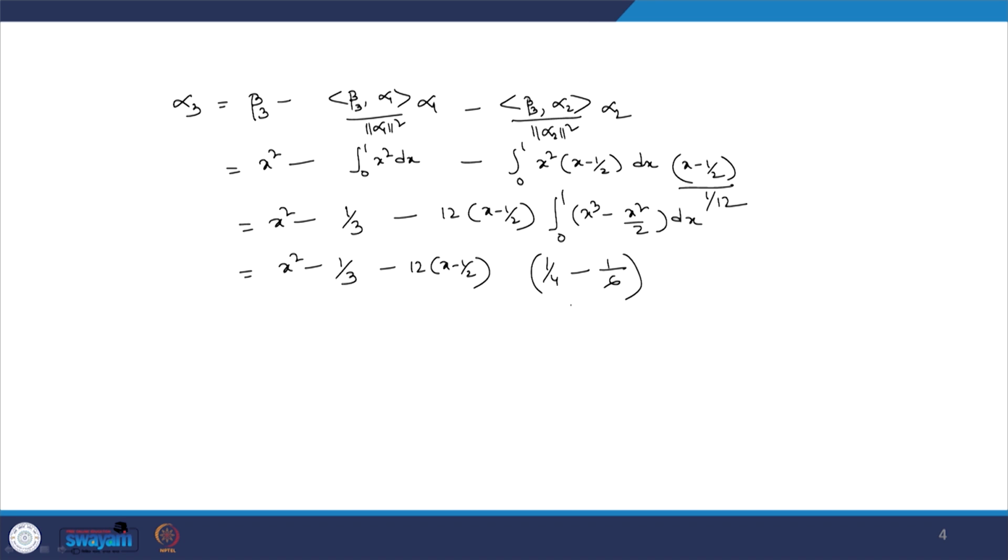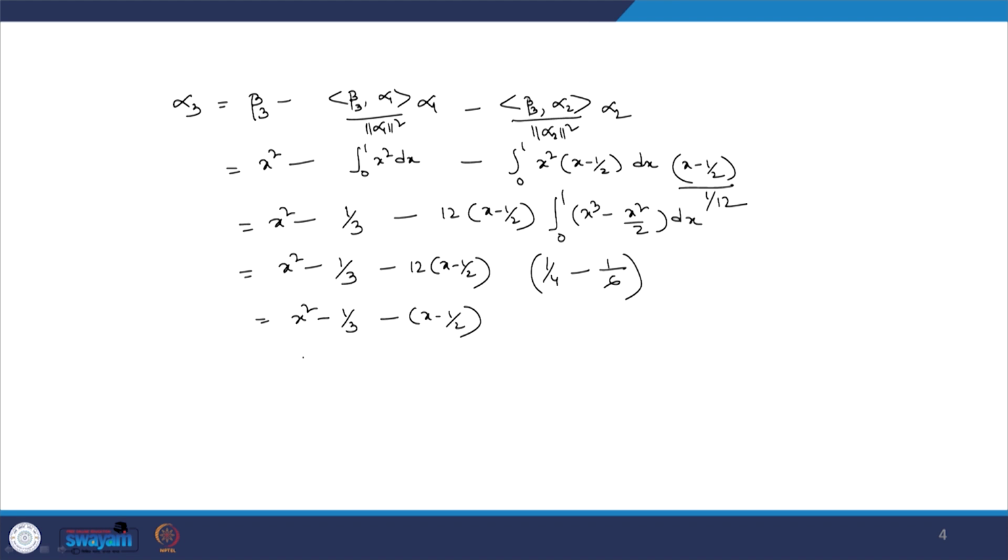So, this will be equal to x square minus 1 by 3 minus again 1 by 12. So, it will be x minus 1 by 2, 12 cancel. So, like this.